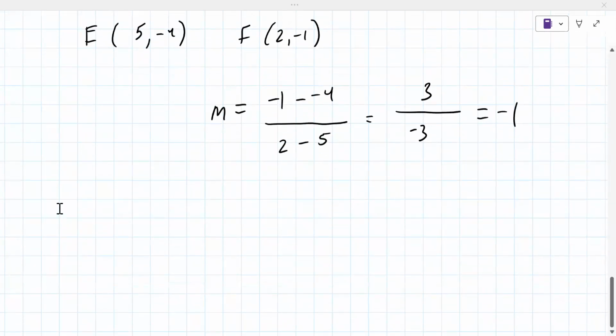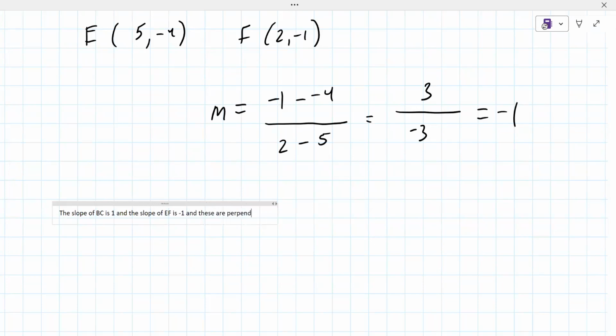And you might maybe want to say a statement just saying that the slope of BC is 1 and the slope of EF is -1, and these are perpendicular. We're just being overly helpful. Got it.